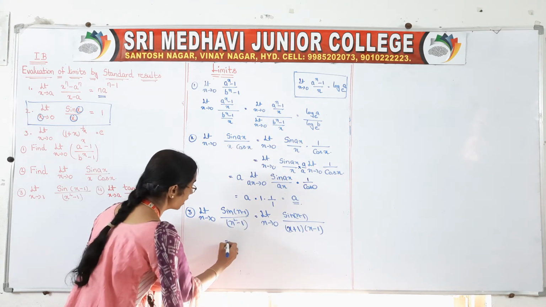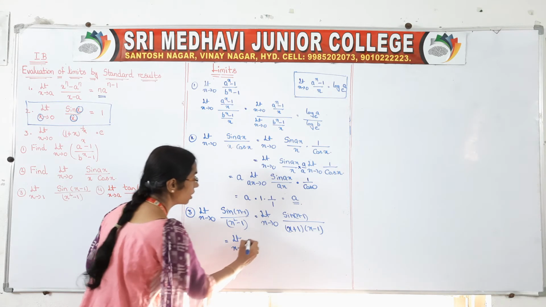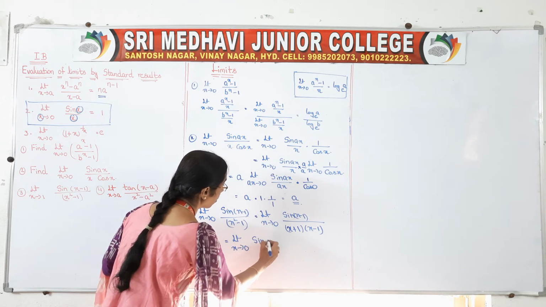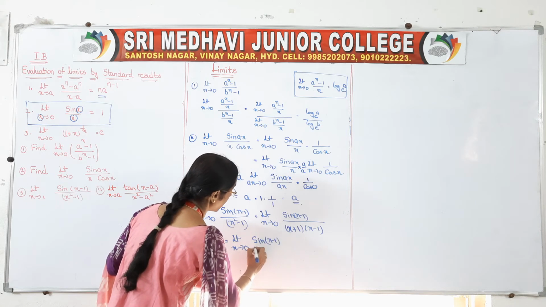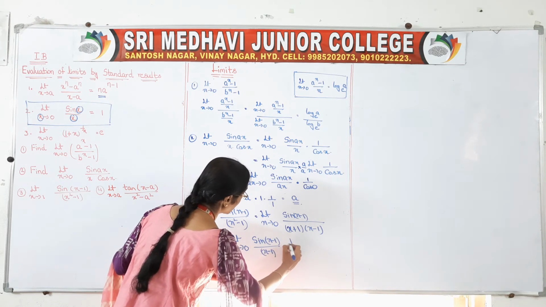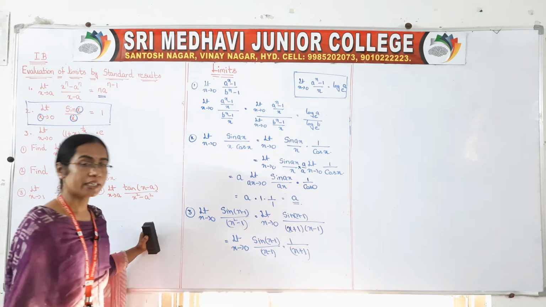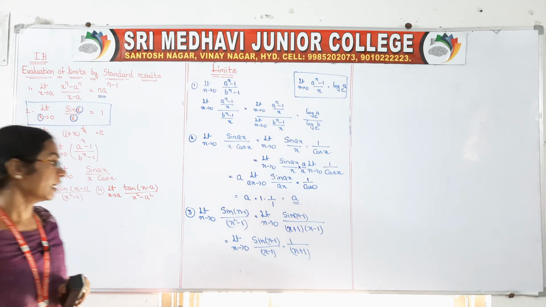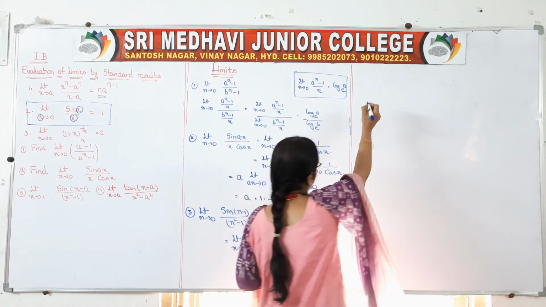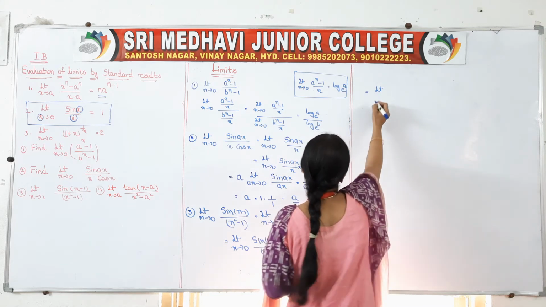We can write it as sin(x minus 1) by x minus 1, separately, into 1 by x plus 1. After this, you take the limit separately for each term.